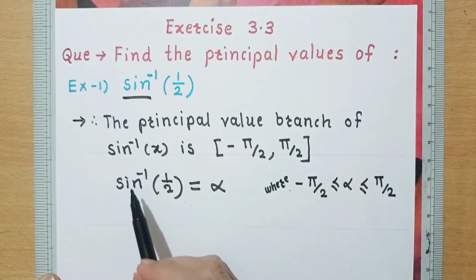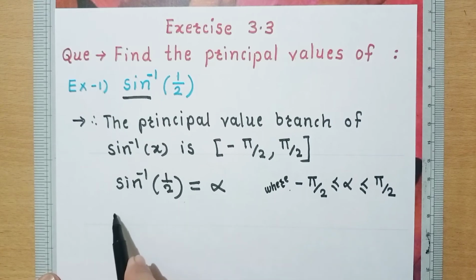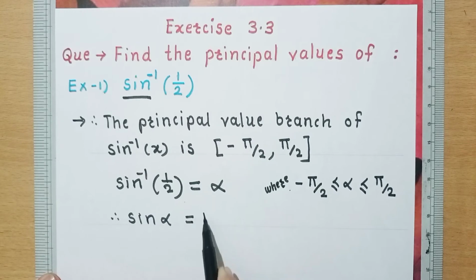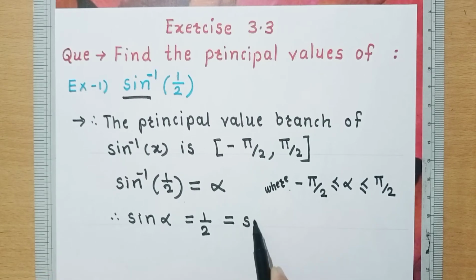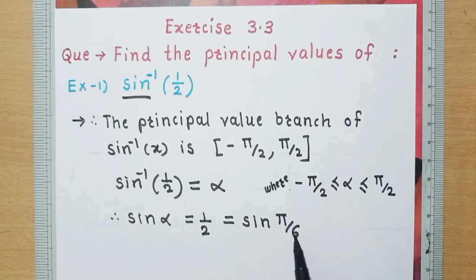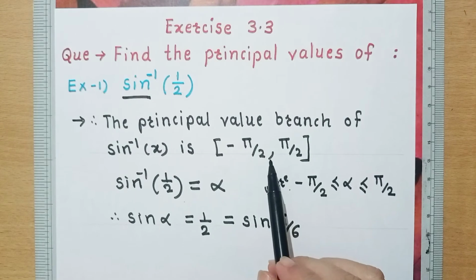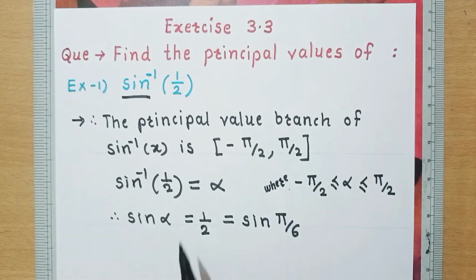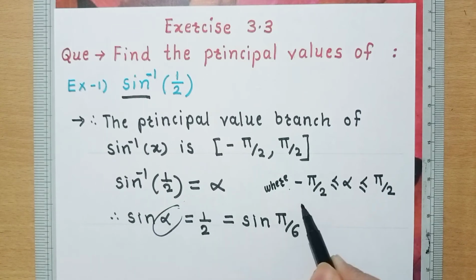Then if I move sine inverse to that side, we have sine of alpha is equal to half. Now we know that this half value is for sine 30. 30 means sine pi by 6. So here I'll write sine pi by 6, and this pi by 6 lies between minus pi by 2 to plus pi by 2, and this alpha is equal to pi by 6.